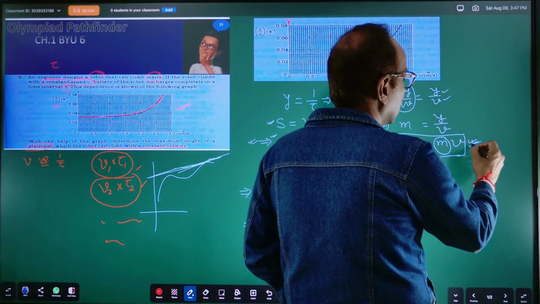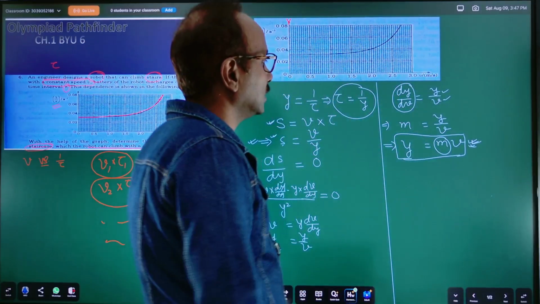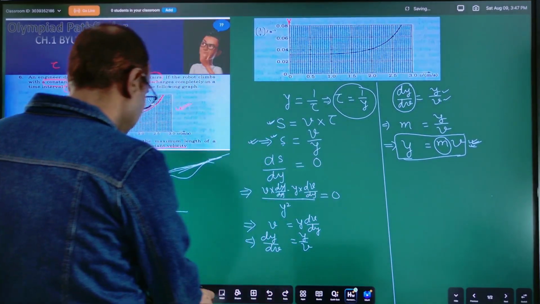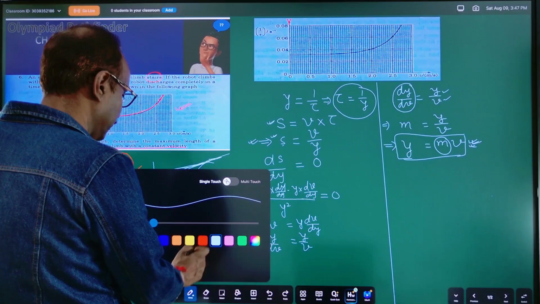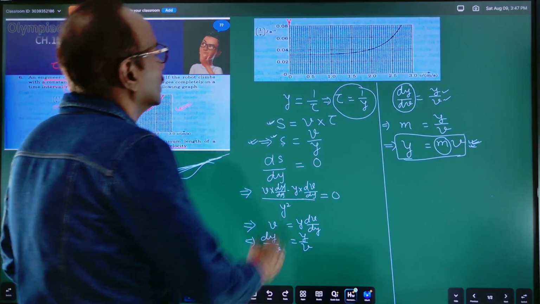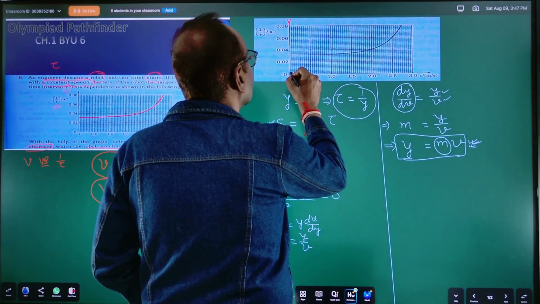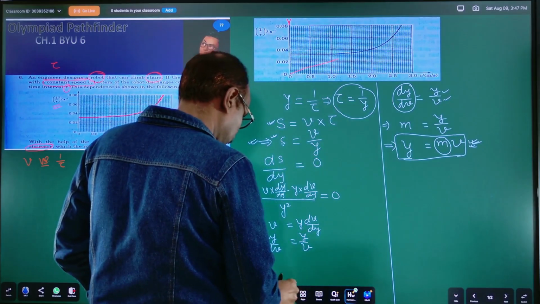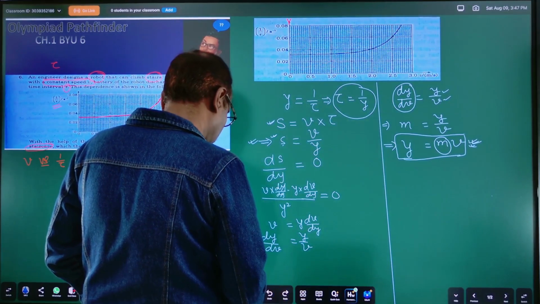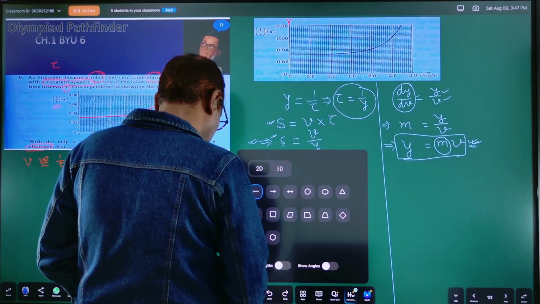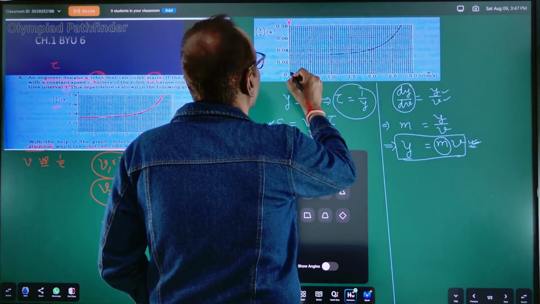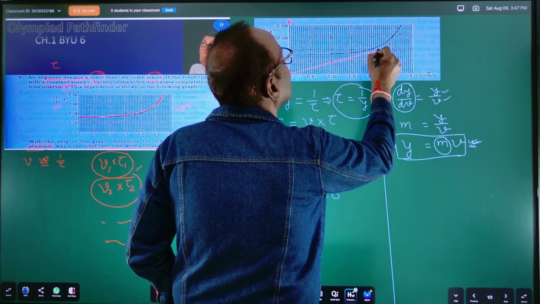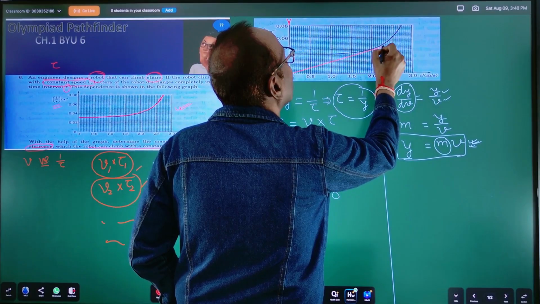So we have got a condition where the slope should be such that it passes through the origin. So from the origin, you draw a straight line and see where it touches the graph.